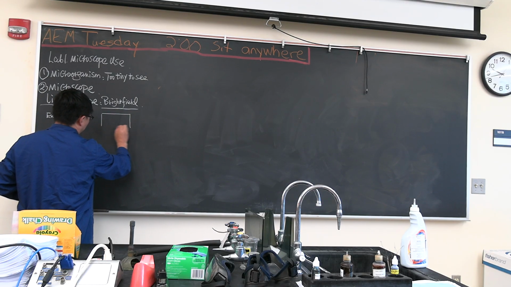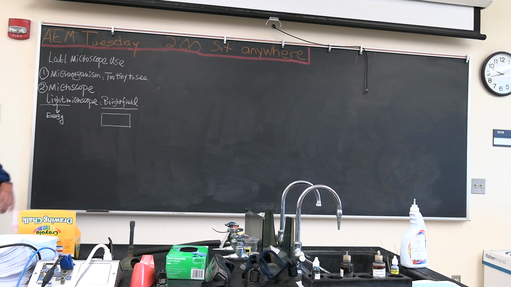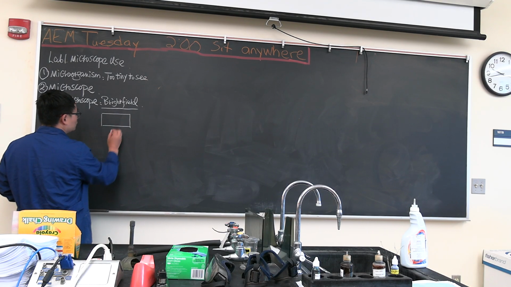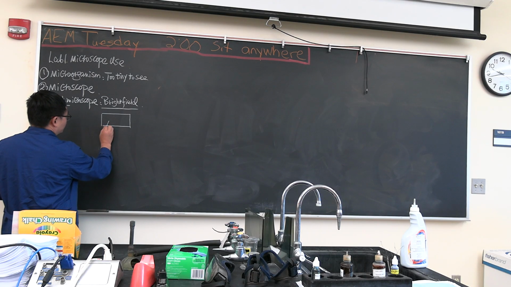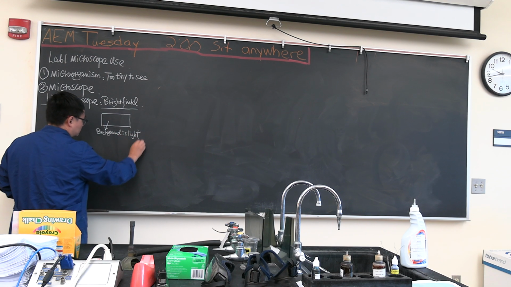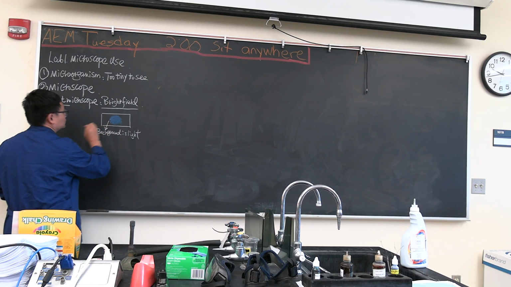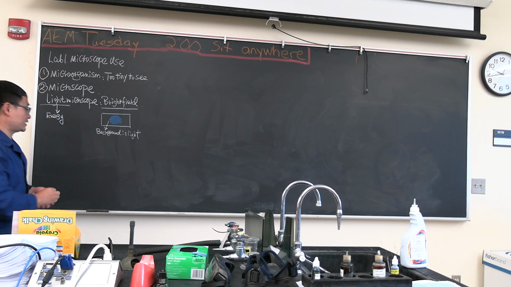If you have a glass slide, and we make a specimen or a sample, and then we use a microscope to do the observation, what you will see is that the background is light, and then the specimen shows up in some color or black.